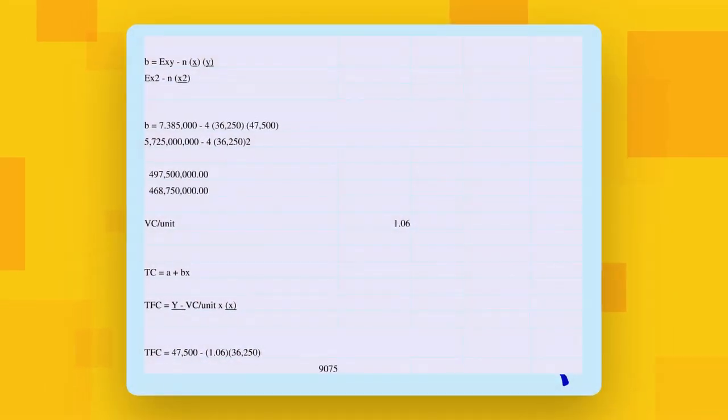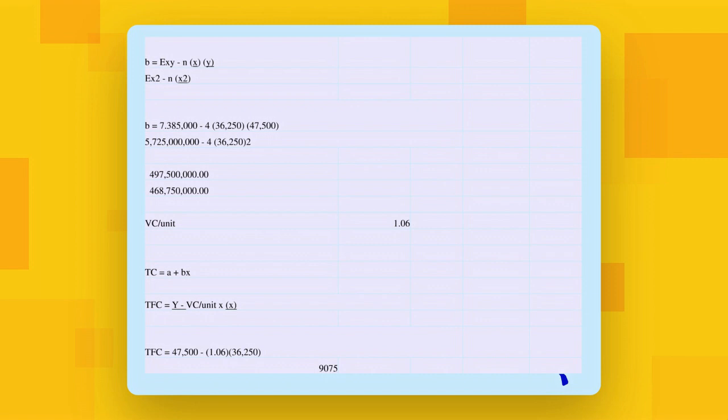Then you have your average of X of 36,250 multiplied by Y average of 47,500, divided by the summation of X squared, which is 5,725,000. Then minus 4, the N here, multiplied by the average of X, but it should be squared, 36,250.